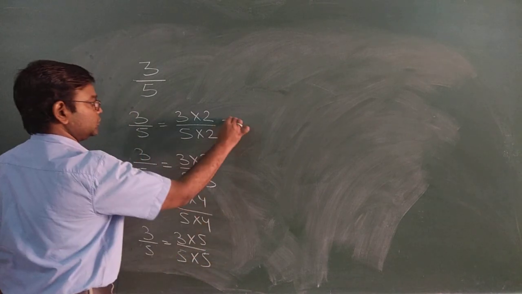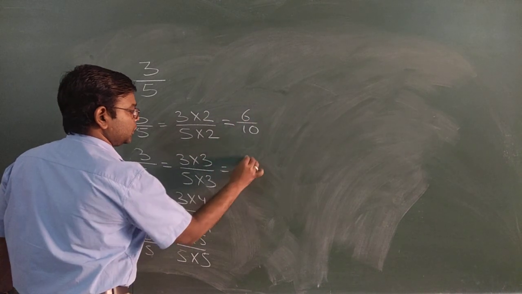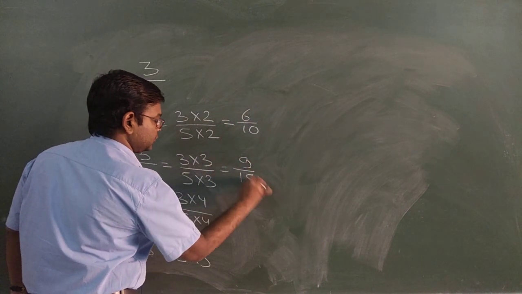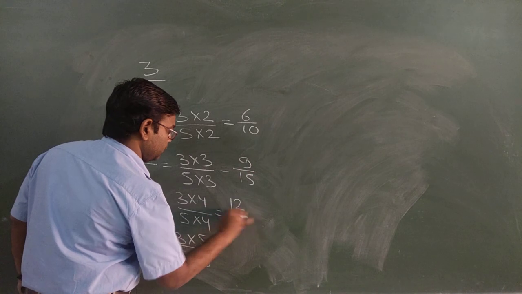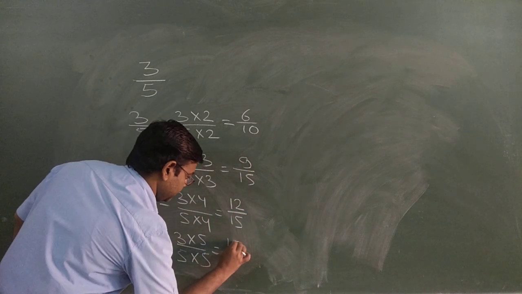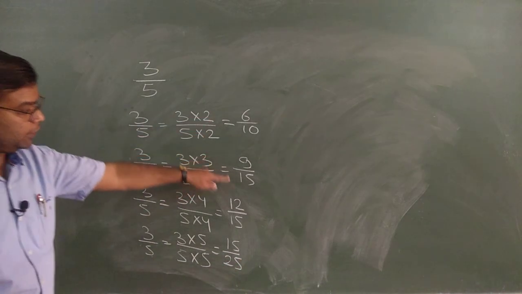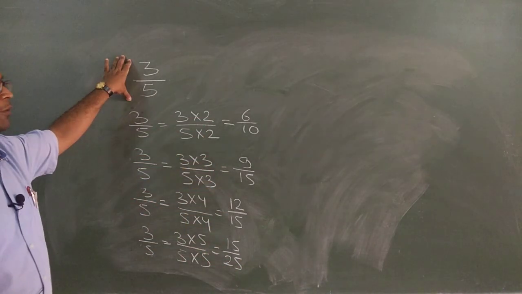Now write down: 3 twos are 6 upon 10, 9 upon 15, 12 upon 15, and 15 upon 25. So these are 4 equivalent rational numbers of 3 upon 5.